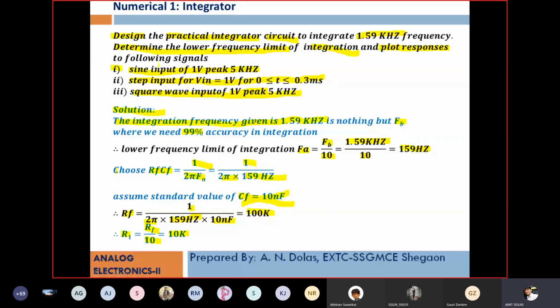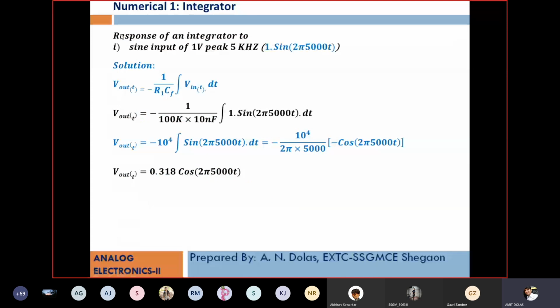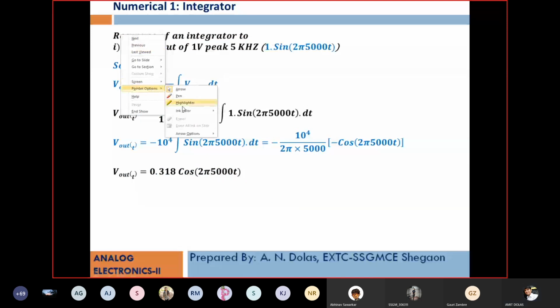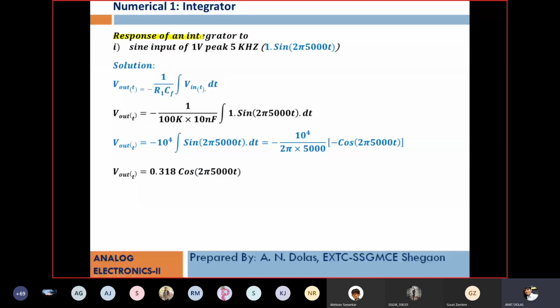Then in the design there are sub parts. If a sine wave of 1 volt peak and 5 kilohertz is applied, you have to plot a response. This is very important. So the response of the integrator to the first sine wave of 1 volt peak, which means 2 volt peak to peak, 5 kilohertz. How to write this mathematically? How do we write a sine wave?